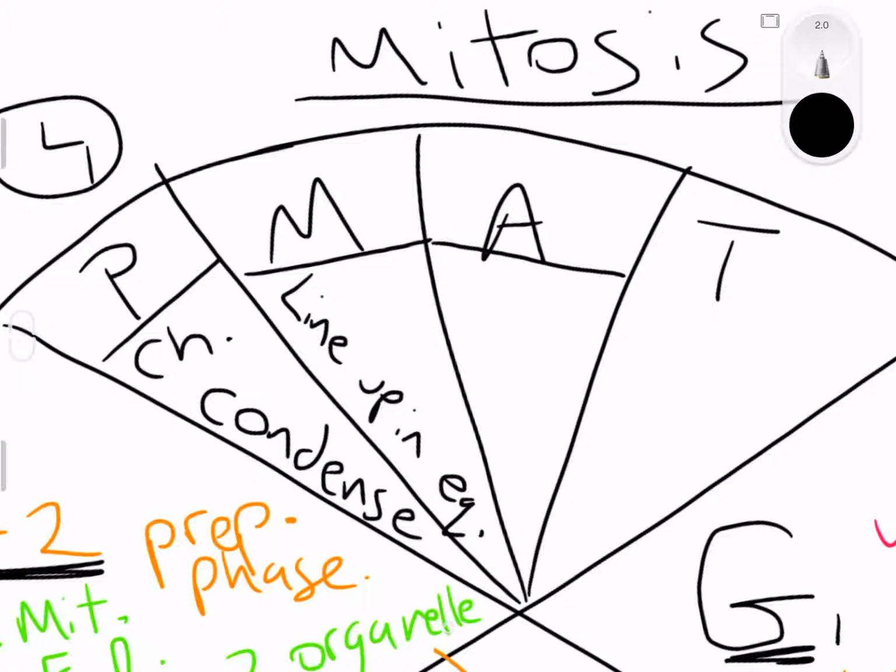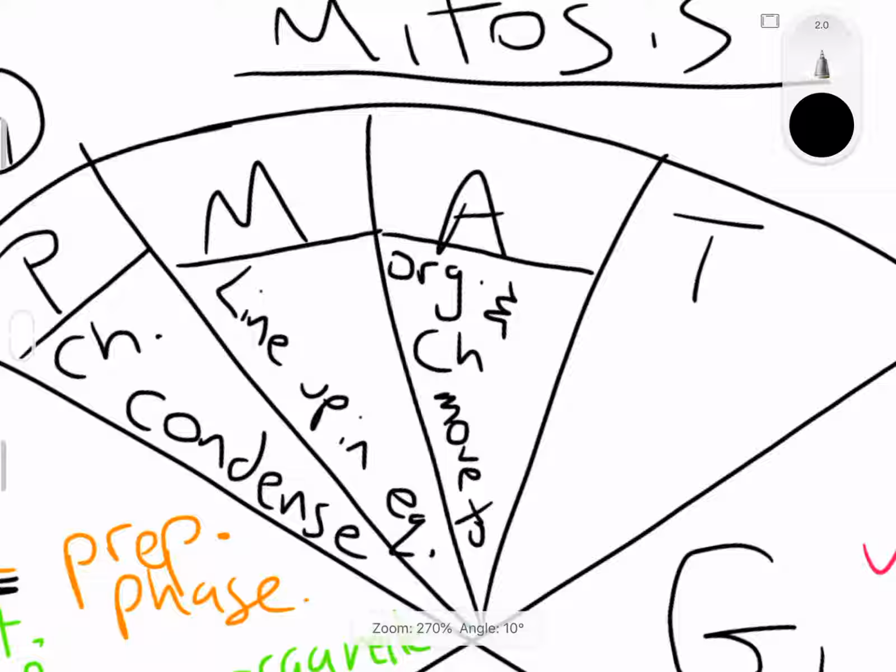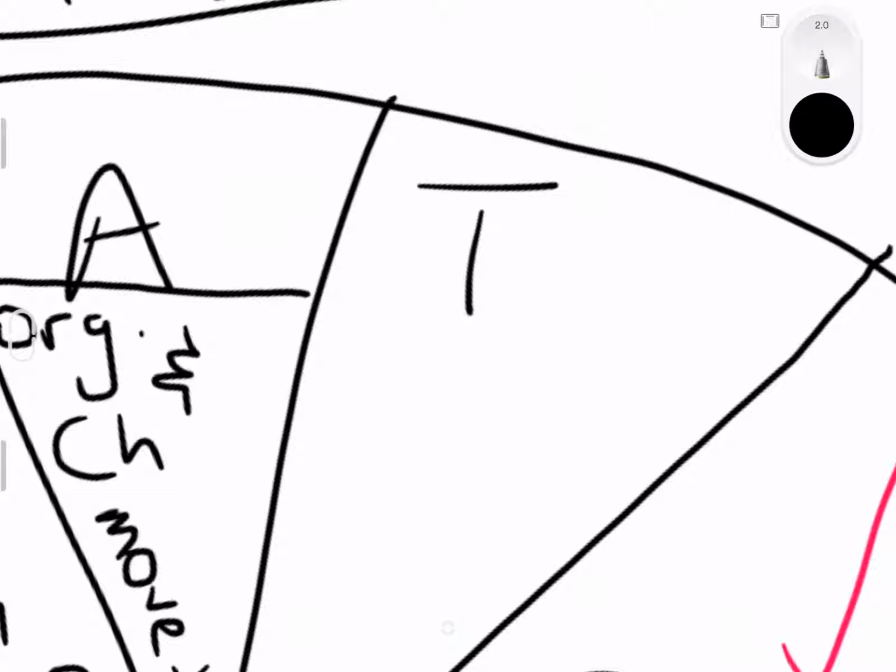In anaphase, we have your organelles and your chromosomes, they actually move to their poles, right? They actually move each to one side of the cell, and in telophase, we have the final divide.